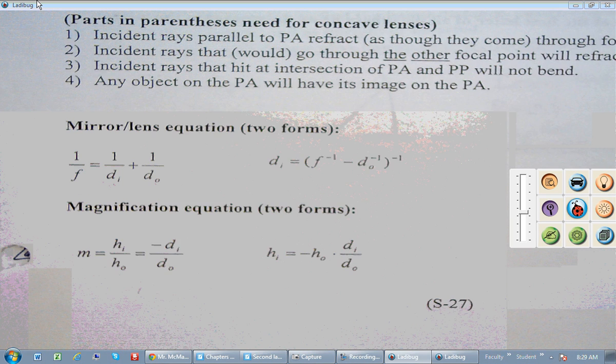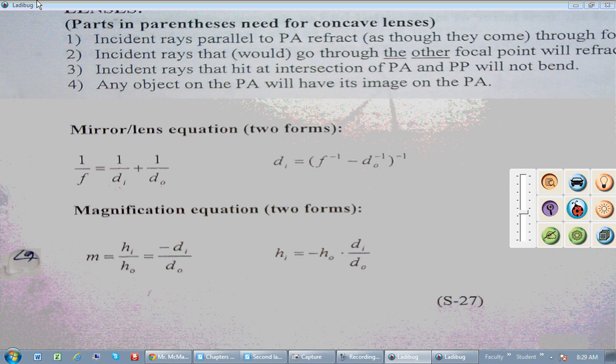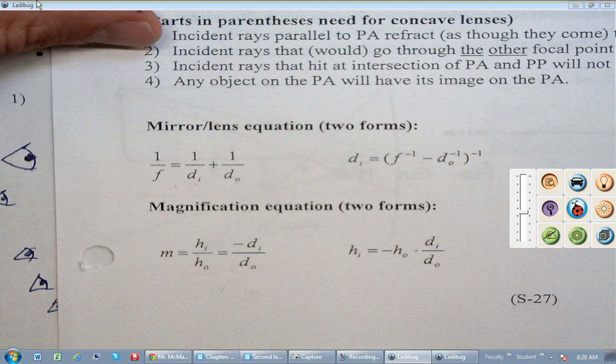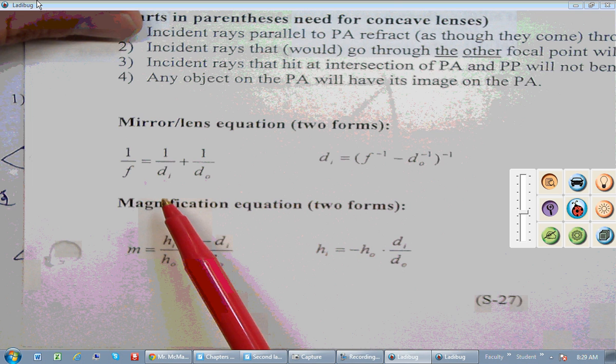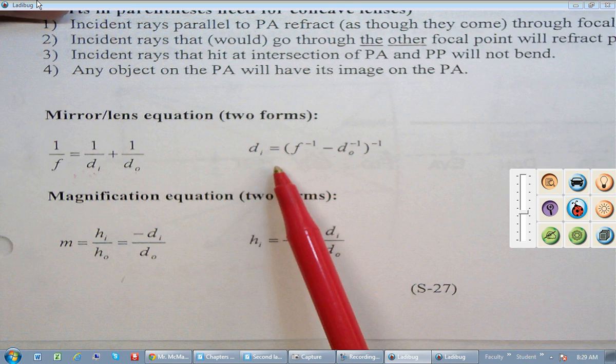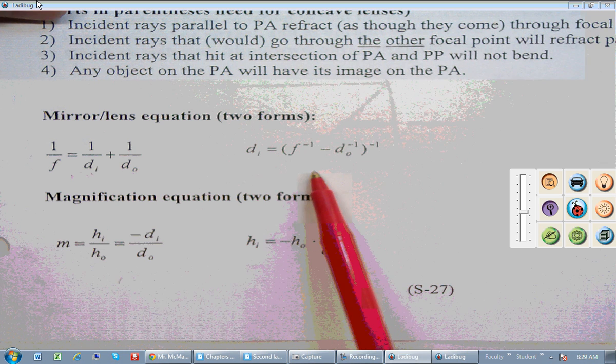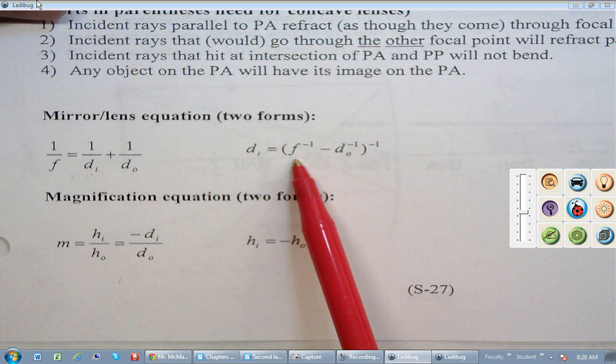Now, if we want to find the distance to the image, then we're going to use this relationship here. This is one of the important ones that's also on your reference page. But what I did is I did a little bit of algebra for you and put it in a form over here on page 27 that I think is just a little more useful.